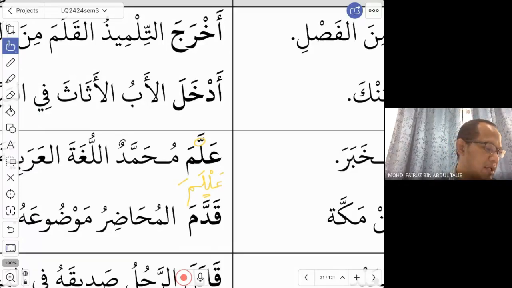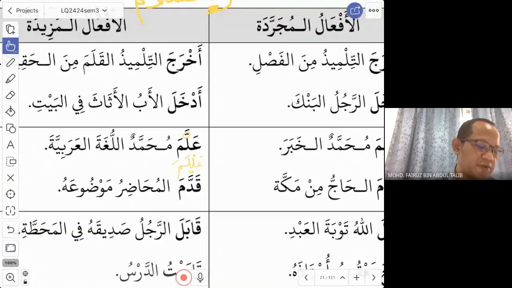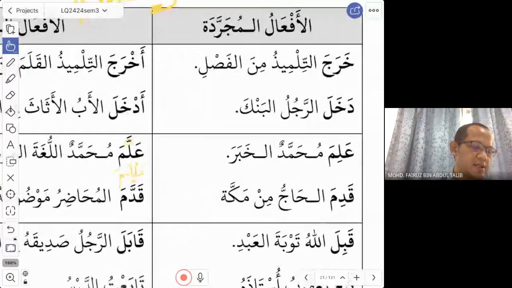So now the word allama is also a four-letter fi'l: ain, lam, another lam, and also mim. When it is a four-letter fi'l, you have to check whether it is still mujarrad or whether it is mazid. So how do you know? Then you check ain, lam, mim. Here we can remove one of these letters, one of these lam.